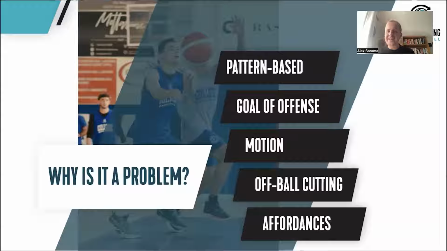And when we look at the easiest ways to create an advantage, there's a reason why at older age groups of basketball, especially at senior basketball, you would never ever see a pass and cut offense. The reason is because it's not easy to create an advantage. It's very easy to contain.